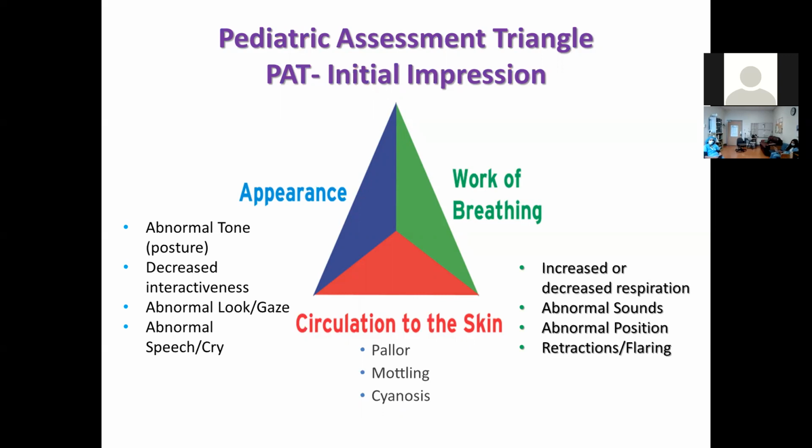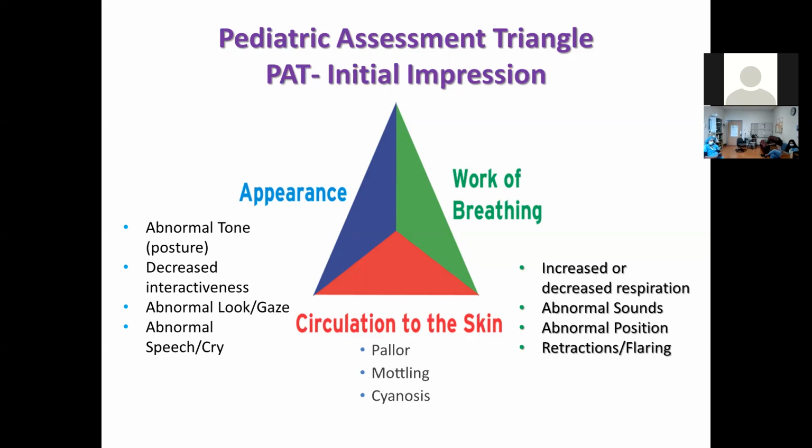Depending on what literature you're looking at, some literature calls it the pediatric assessment triangle, and some calls it initial impression, but basically it stands for the same concept. It's based on assessing, at a glance, 3 major elements: appearance, circulation to the skin, or in other words, color, and work of breathing.